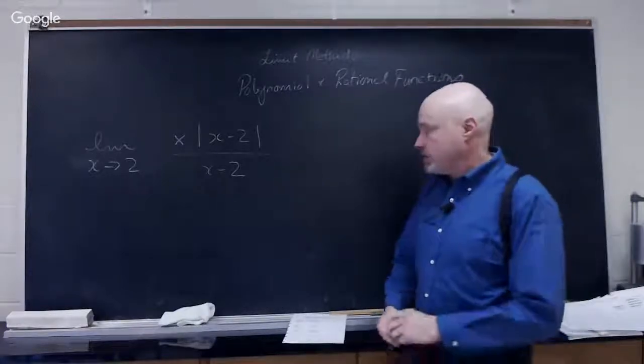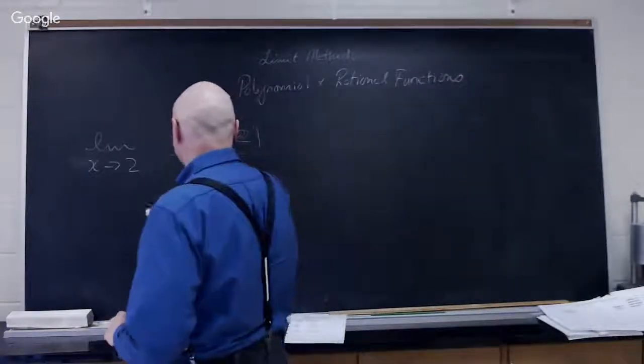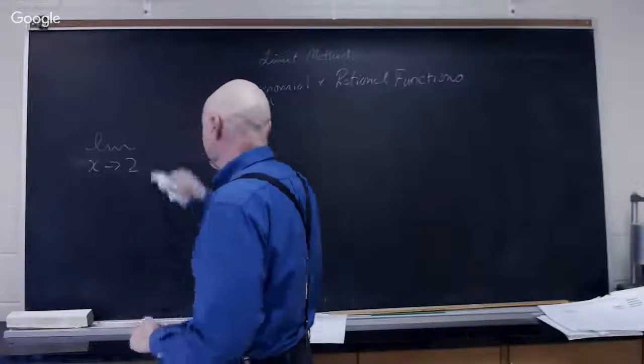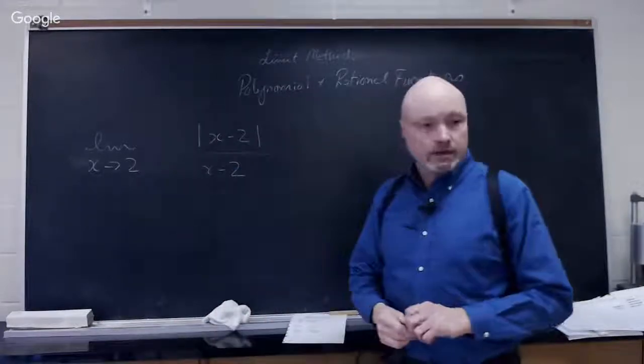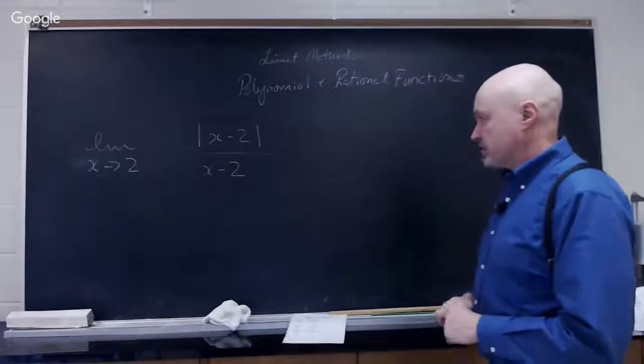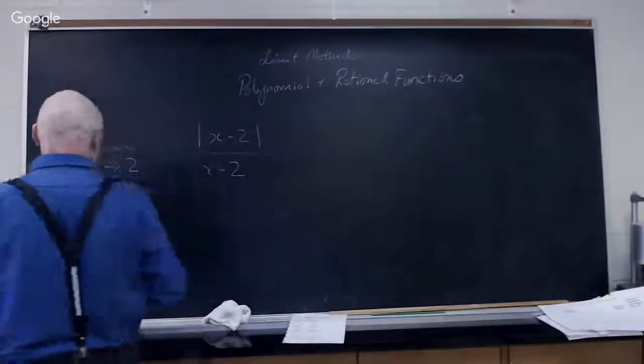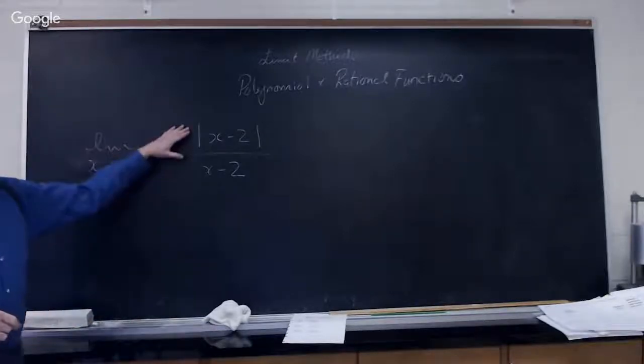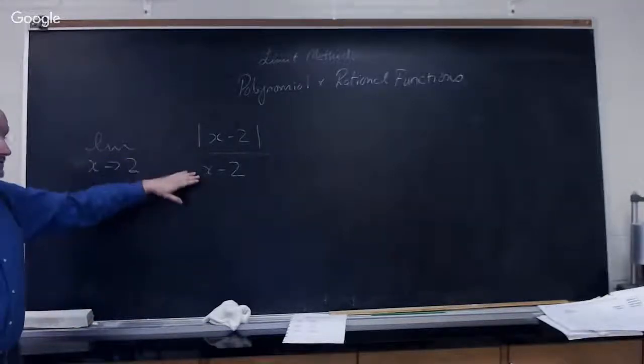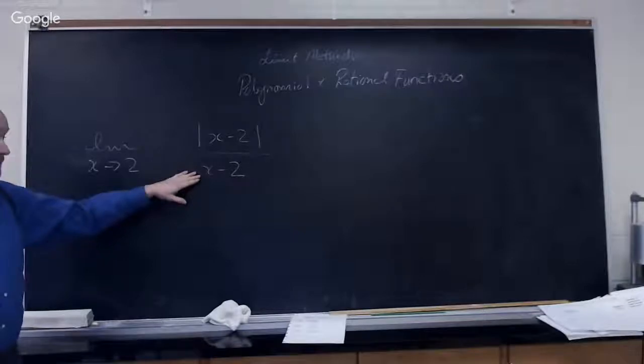It's kind of scary. Why don't we simplify this just a little bit? I'm going to take the x off there because I don't think it matters so much for this example. So the question is, what is the limit as x approaches 2 of the absolute value of x minus 2 over just regular x minus 2?